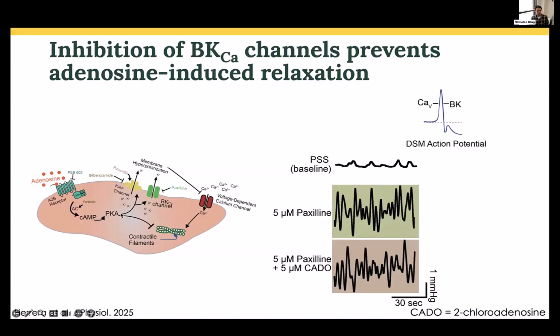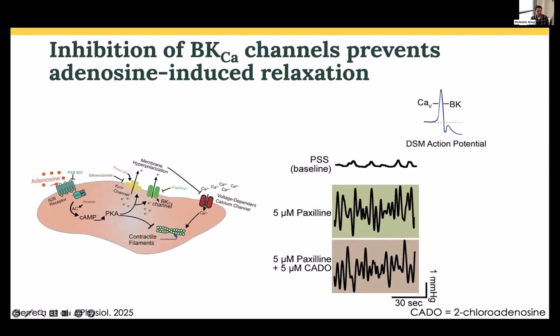But as you see in the schematic, PKA is not only activating this one potassium channel, the ATP sensitive potassium channel, it has a large effect also on this other ion channel that plays a huge role in the bladder's smooth muscle cell action potential, the large conductance calcium activated potassium channel, the BK channel.